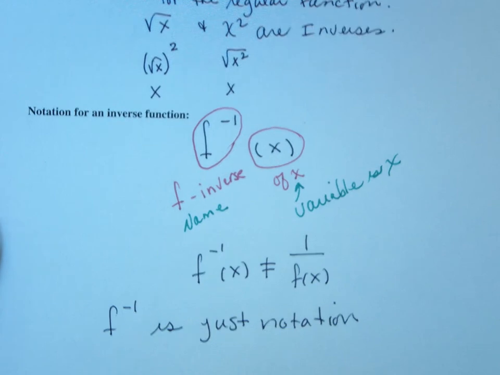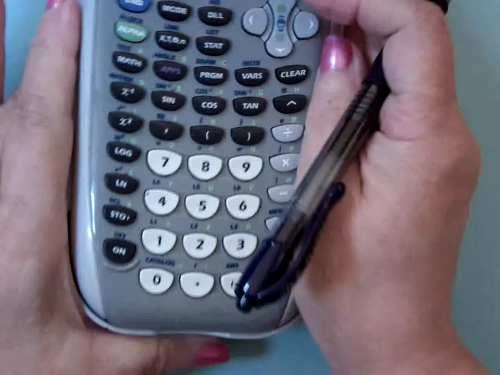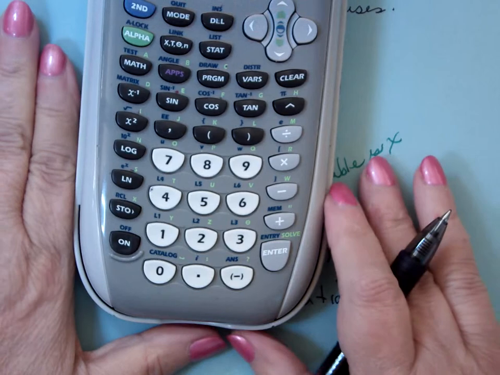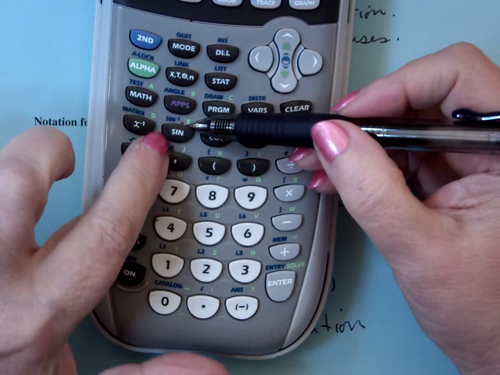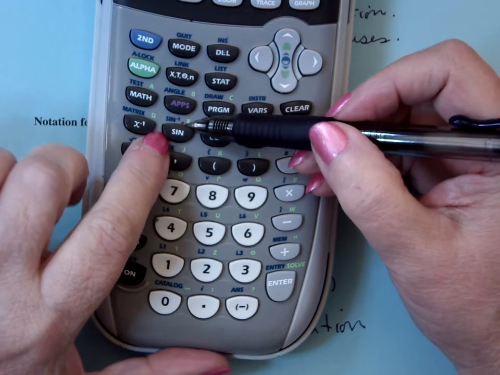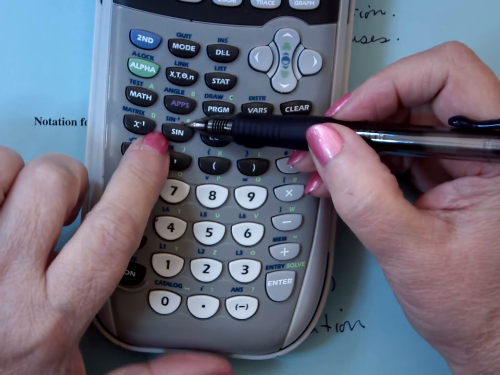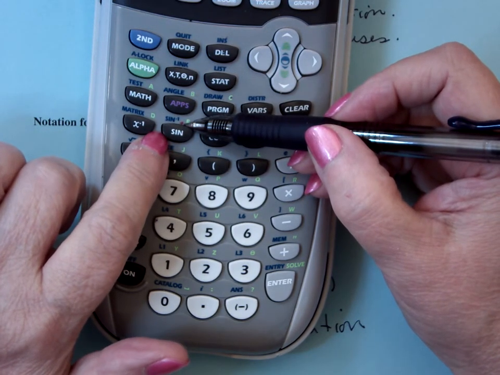As a matter of fact, if I pull out my calculator, and if you have a scientific calculator, you notice above SIN, the sinusoidal function, a trigonometric function, you see SIN to the minus 1. That says it is the inverse of the sine function.